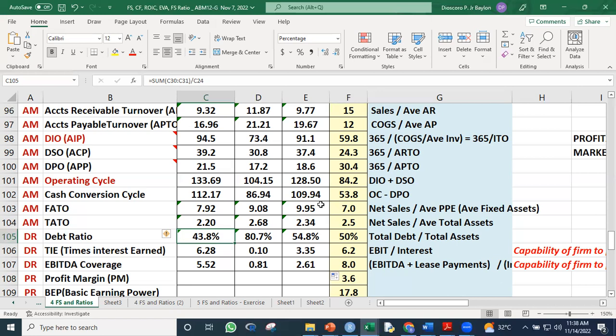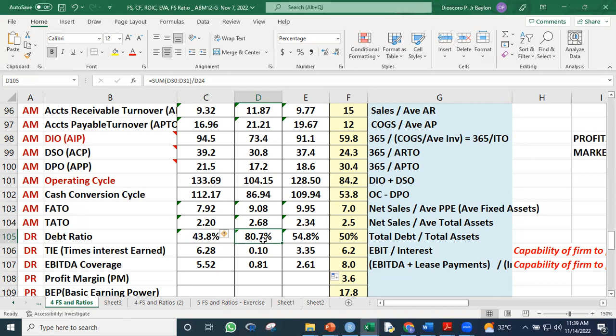Okay, and also qualitatively, alam natin na may advantage itong 80.7 na to. Ang advantage nito, it's able to use other people's money to fund its projects. The disadvantage is that the company might not be able to service its interest payments. Okay, and the company will also have difficulty borrowing again.